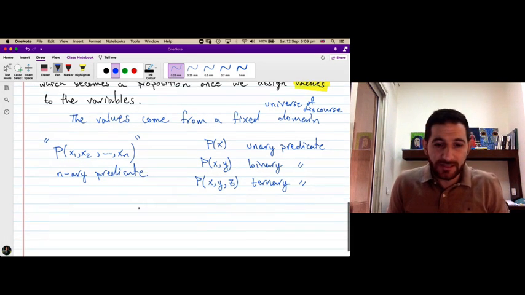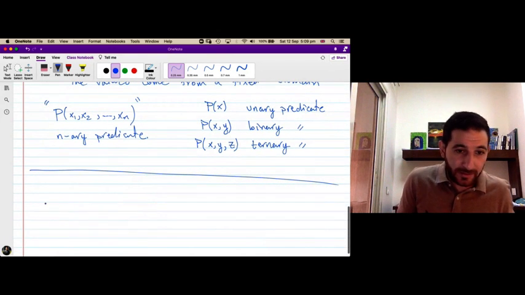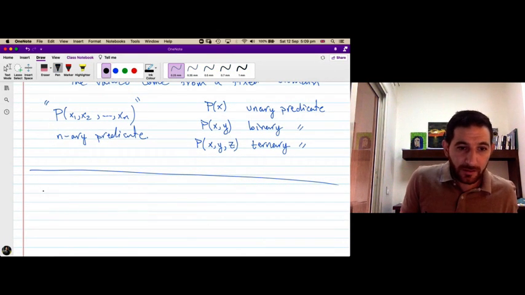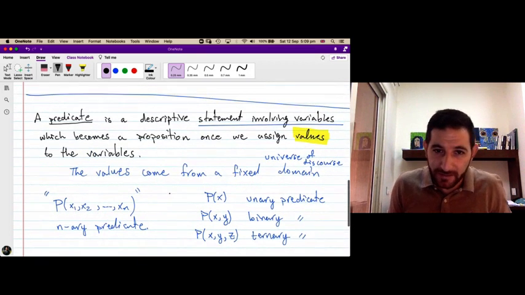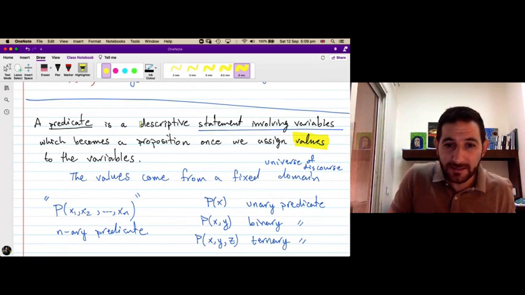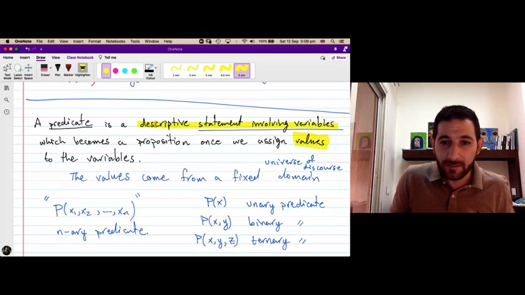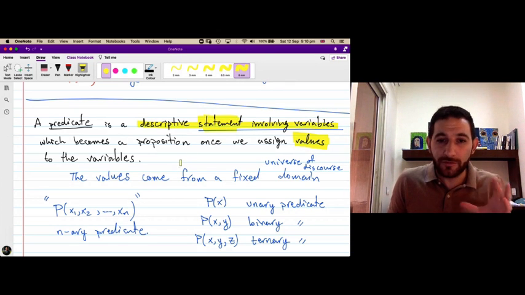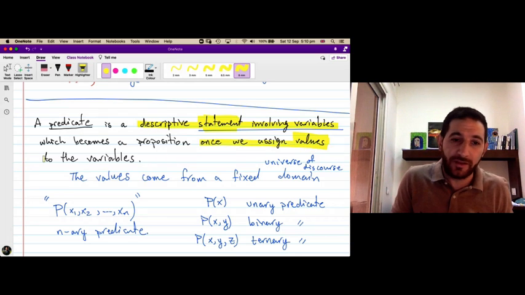Okay, now let's take an example of a ternary predicate. But before we continue, let me say again, what is a predicate? A predicate is a descriptive statement talking about some number of variables, and this statement will become a proposition, which means it will become true or false when we assign values to the variables.